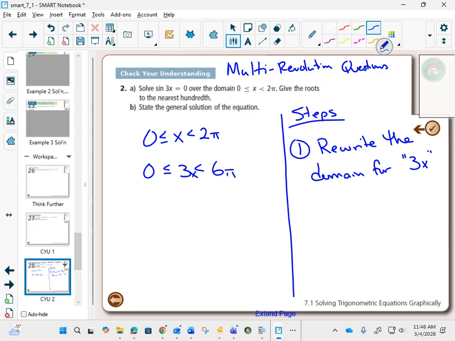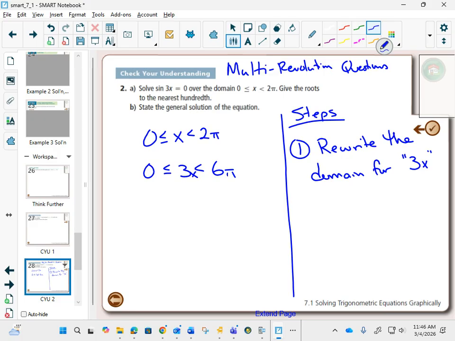This is like if I got everybody to pick a number between 1 and 10, and then told you to multiply it by 3. Everybody's numbers would be between 3 and 30, except for those that have trouble with mental math. So if x was between 0 and 2 pi, 3x would be between 0 and 6 pi.